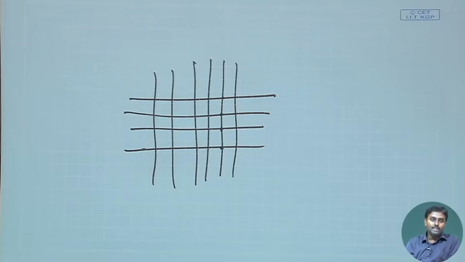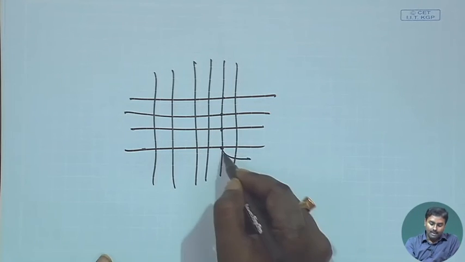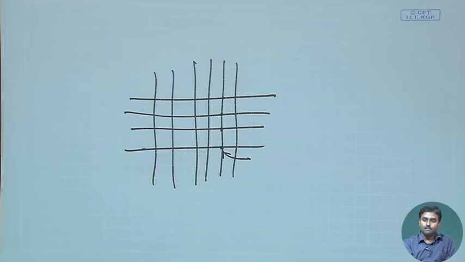Okay. Now, we say that at every crossing, whatever signal is there, with 75% chance it can be green, and 25% chance it can be red.